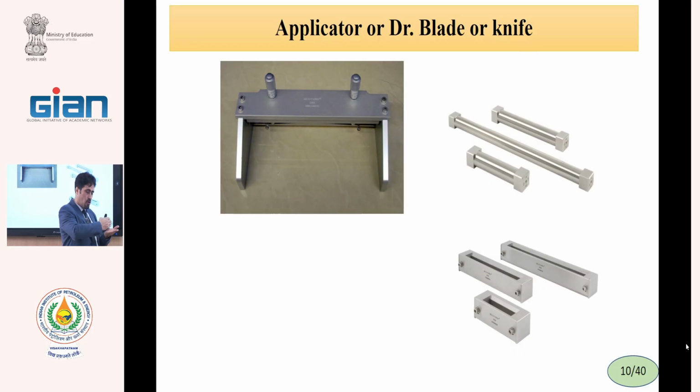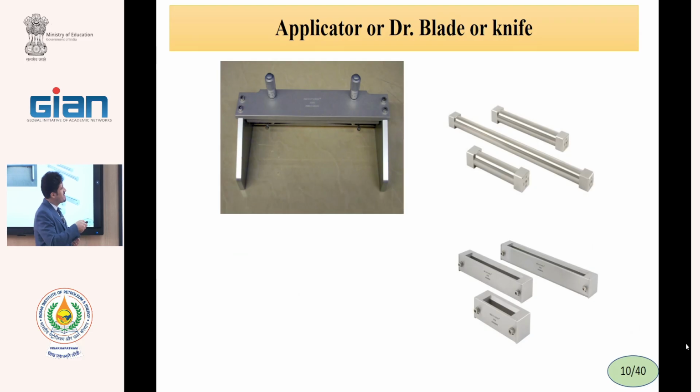This coating is mostly called casting. I cast the casting solution, the dope solution, the liquid polymeric solution, on a glass or on a fabric using a doctor blade with a thickness of 200 micrometers.